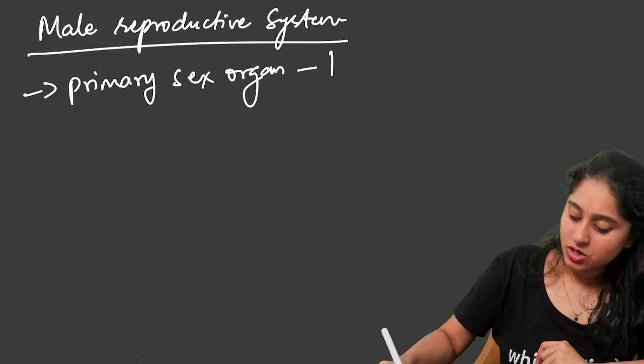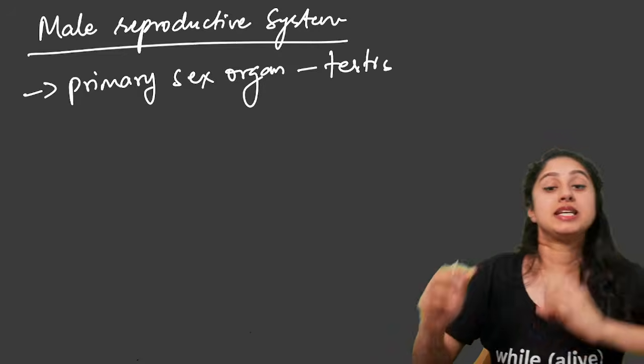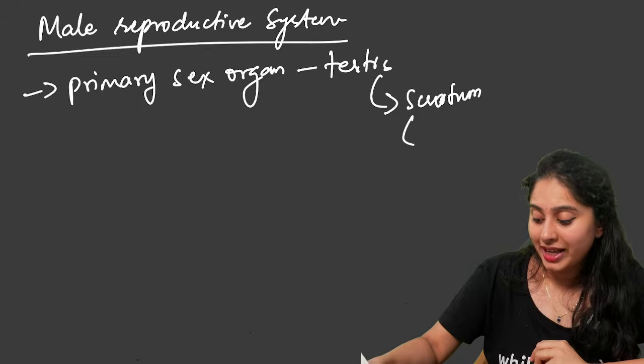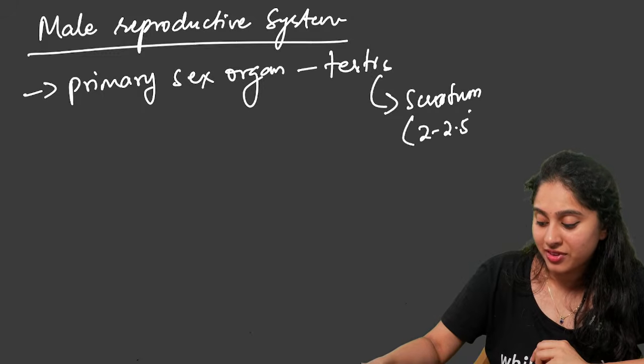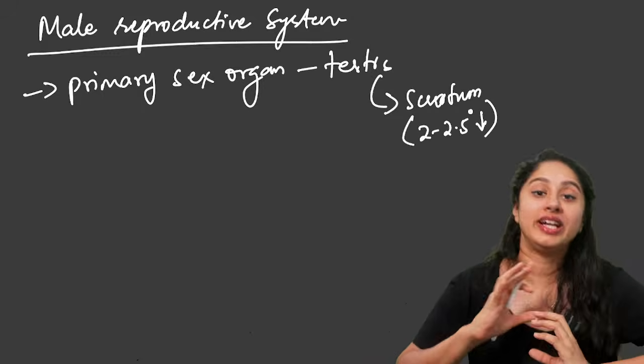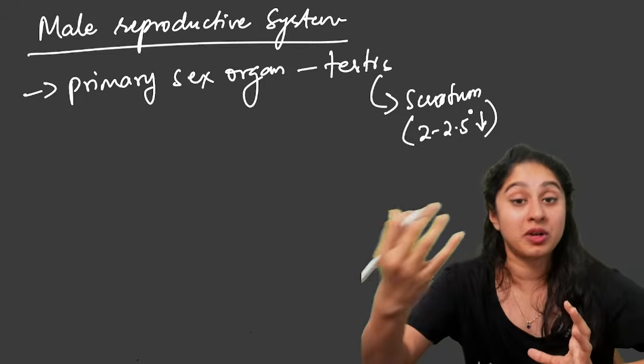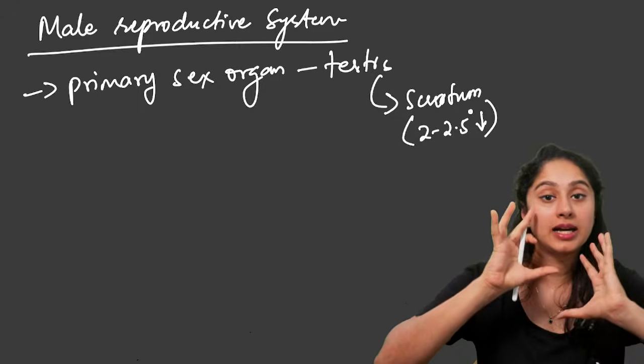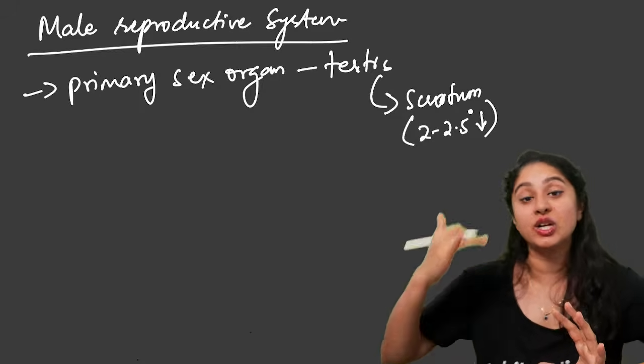The testis is basically present in the scrotum. Why? To maintain about 2 to 2.5 degrees less than the body temperature. That is what will help in spermatogenesis. So for that, the testis is placed in the scrotum outside of the abdomen.